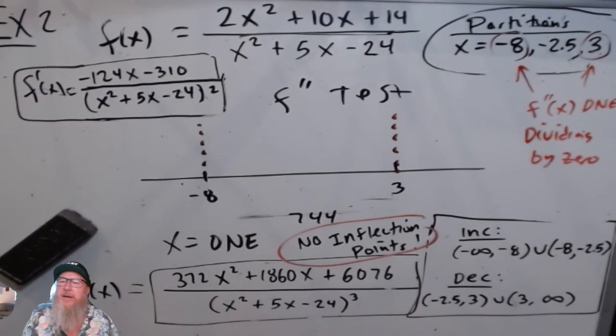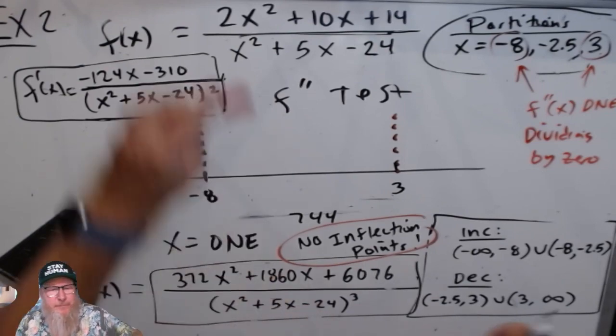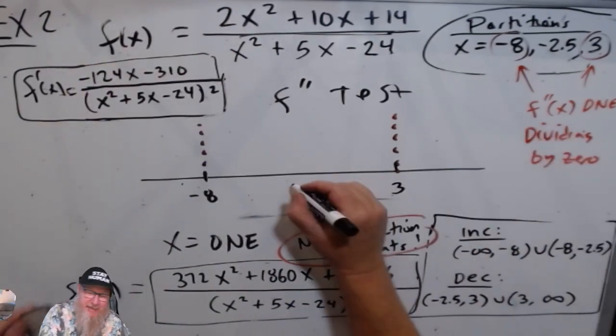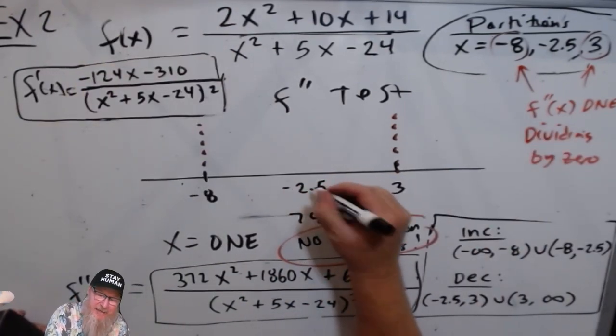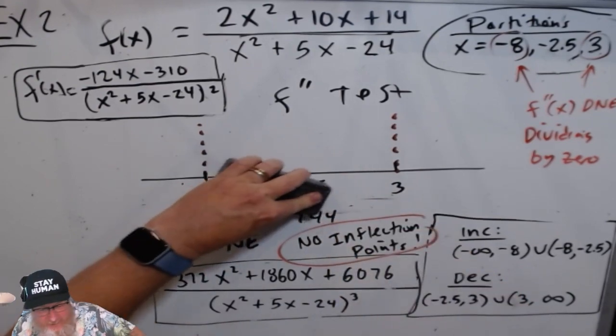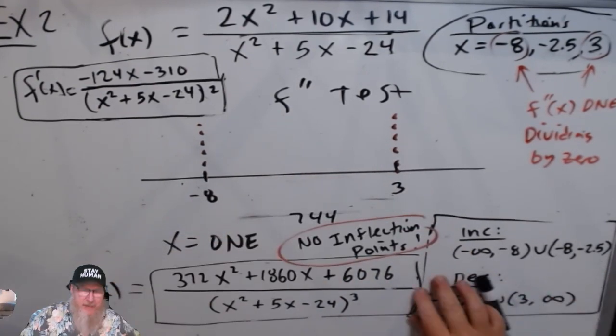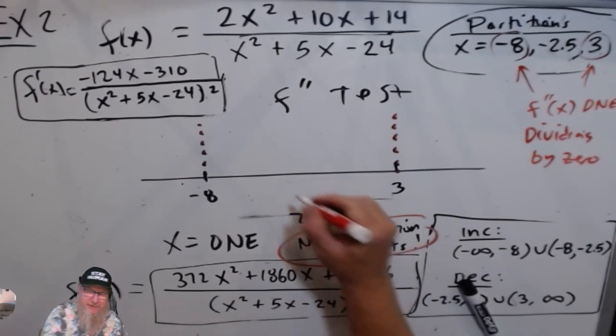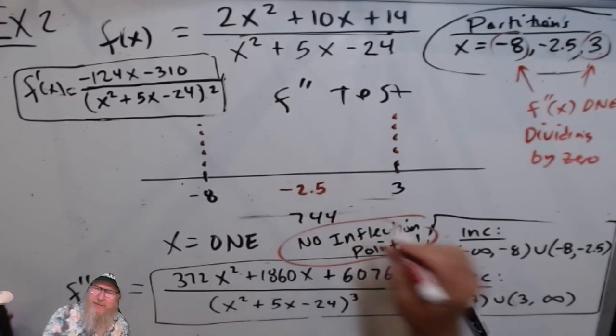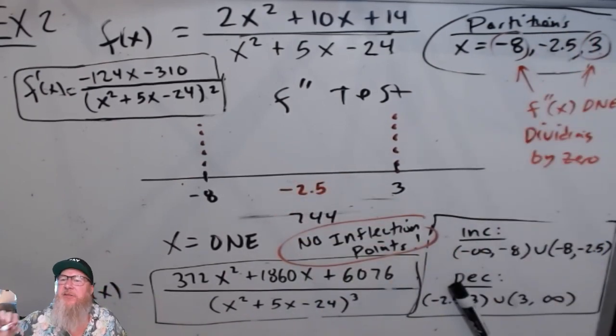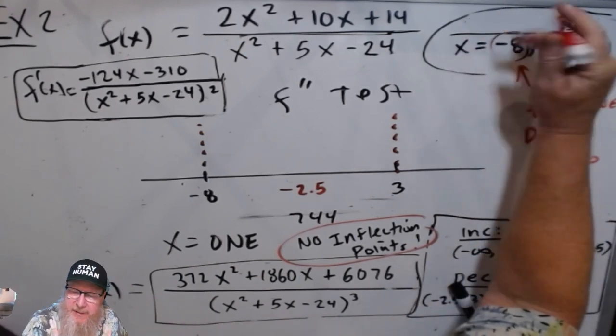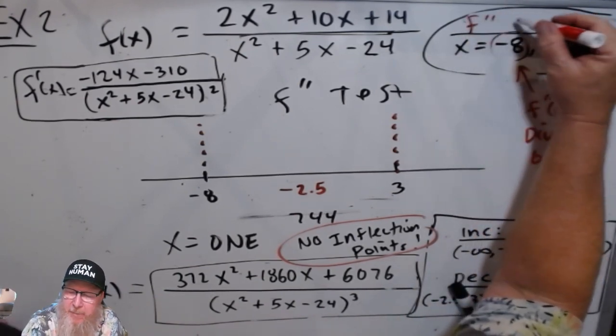All right, but because we got no inflection point, there's no solid lines in the partition. They're both dotted. Now, what's interesting is you can use -2.5 as a test number. It's not part of the partition. It was part of the partition in the first derivative, but it doesn't count in the second derivative. So we'll call this f double prime partition.